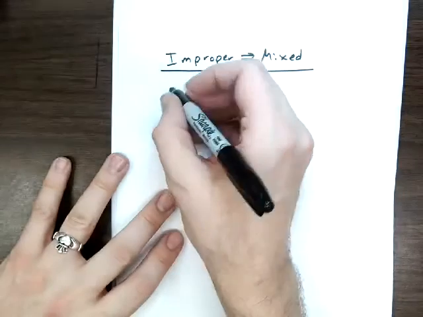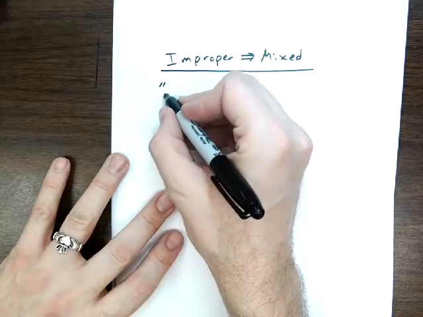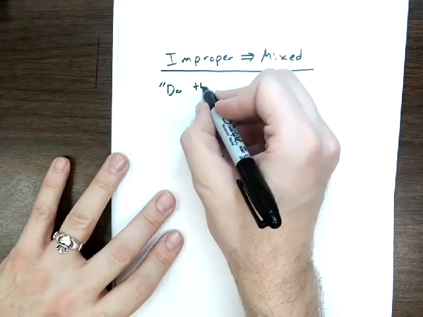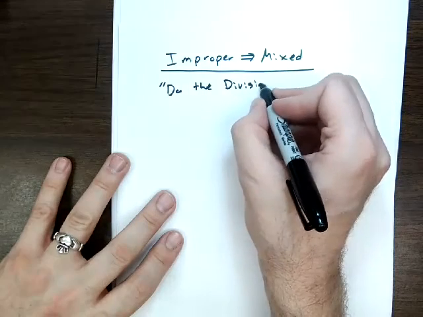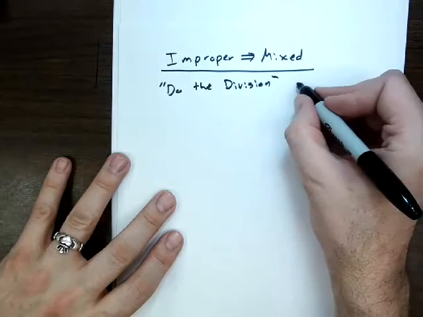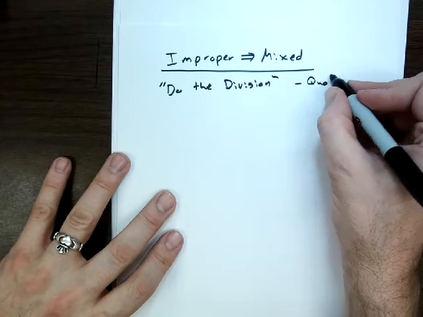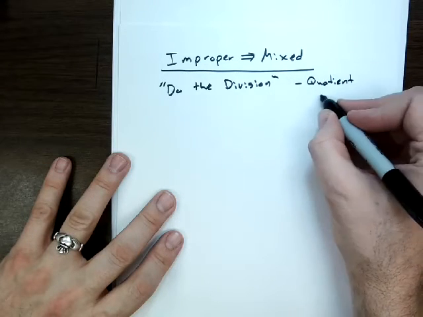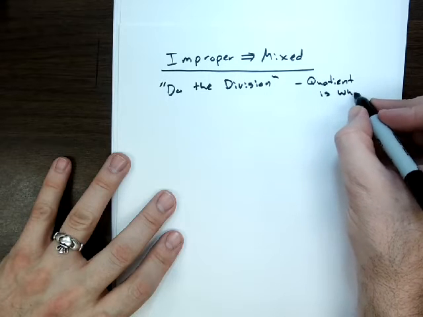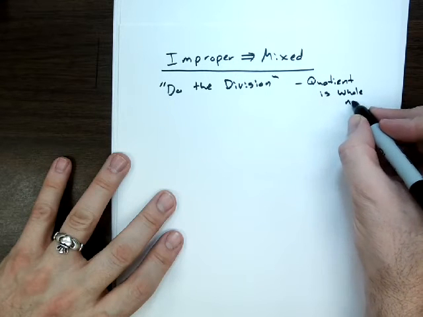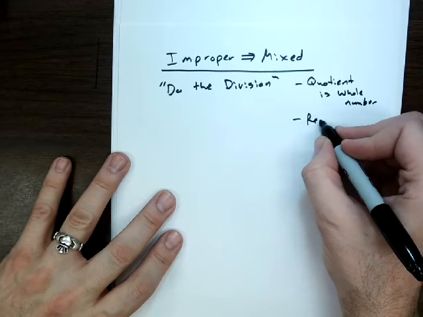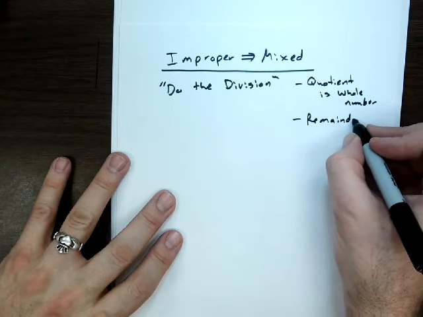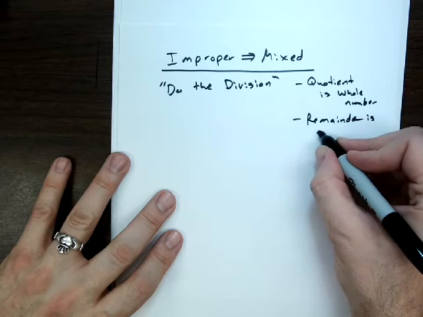And with this, we're going to do the division. Our quotient is the whole number, and a remainder is our new numerator.